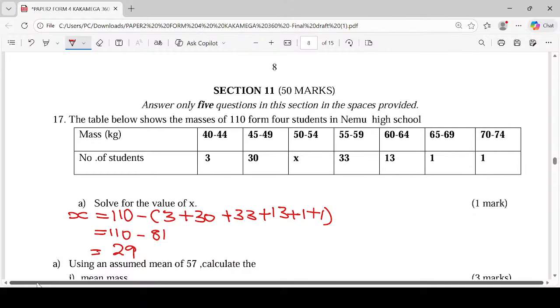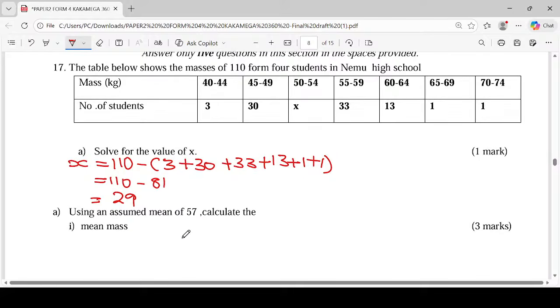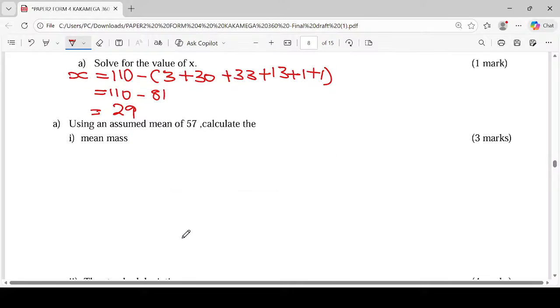Let's have a look at part B of this very question, whereby they are saying, using an assumed mean of 57, calculate the mean mass.